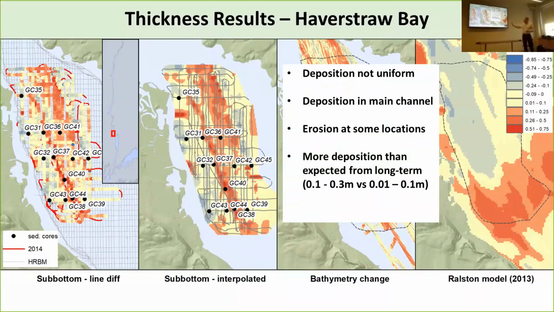We didn't originally analyze the old data for the long-term effect of what we think might happen in Haverstraw Bay. So we would expect over 10 years maybe an average of a centimeter to 10 centimeters of deposition, but we find 10 to 30 centimeters, basically a foot. So it's definitely much more sediment deposited there than we would originally expect from the long-term trend that we observed before that.